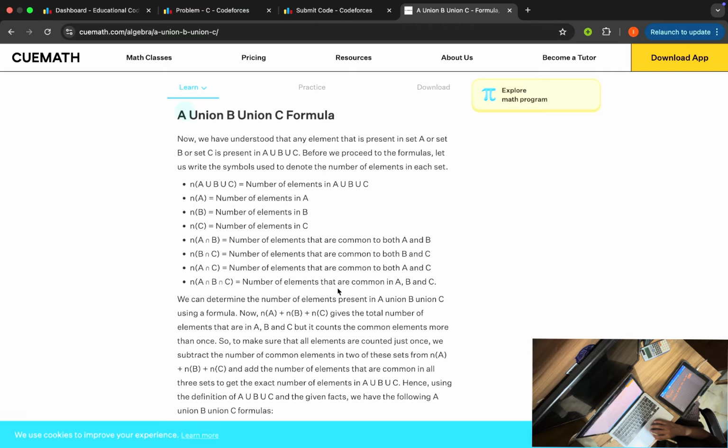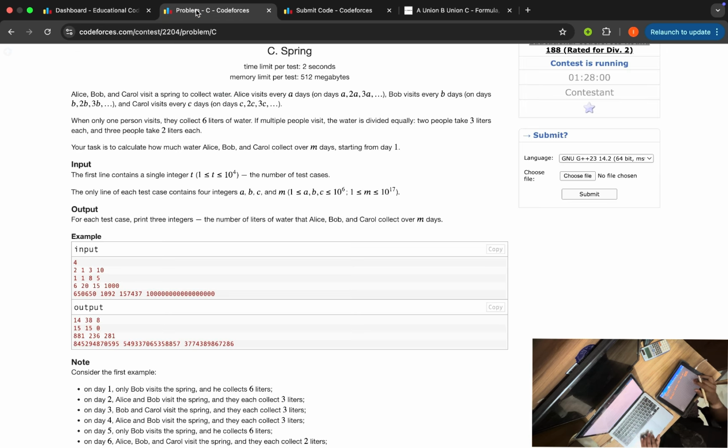Number of elements that are common in A, B, C. Number of elements that are common, okay. Number of elements in all of them. Okay, I think I can use this formula.